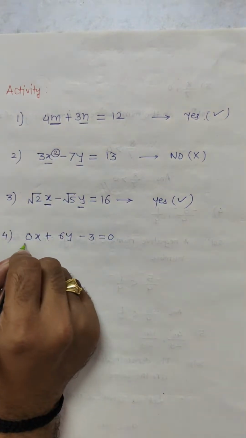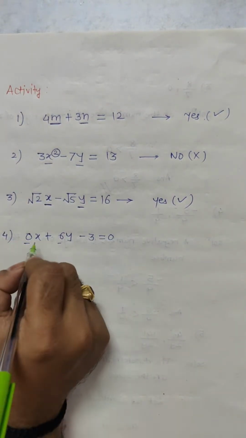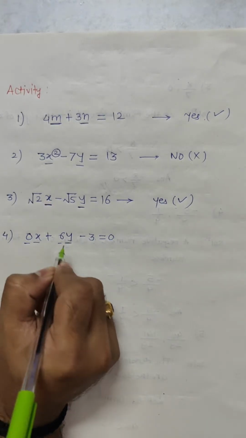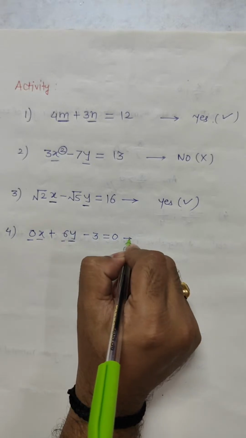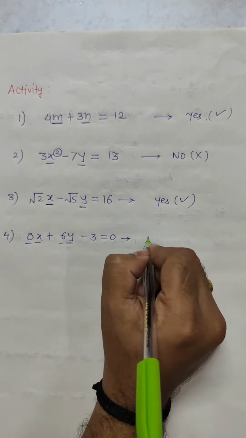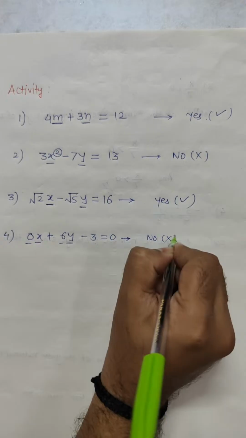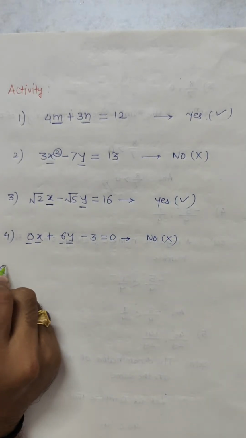So a and b are here. Here the variable given to you is of degree power 1. So that is not a linear equation in two variables.